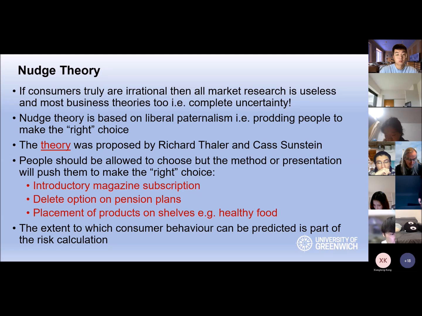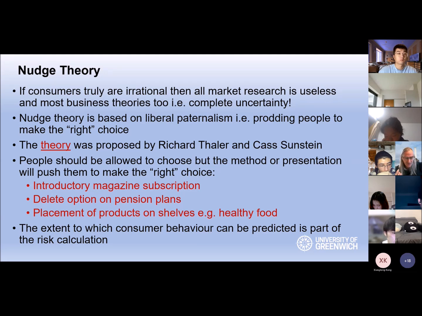So nudge theory is a theory that came up at least 10 years ago, but it's still seen as the sort of new theory in business. And it's based on an idea of liberal paternalism.